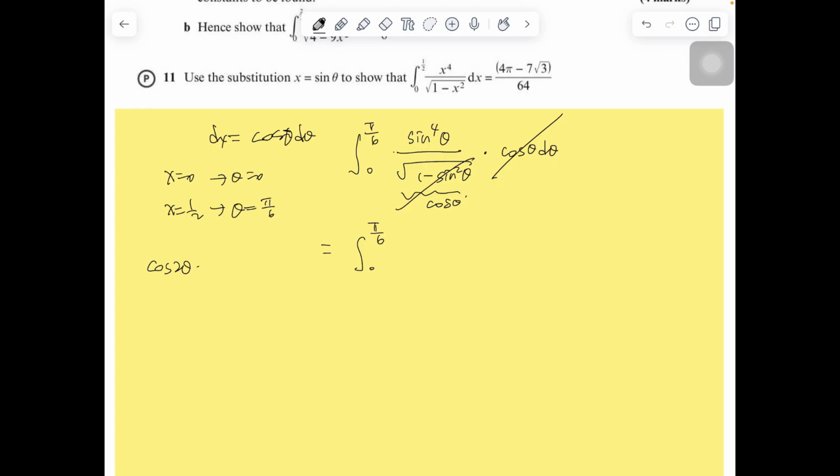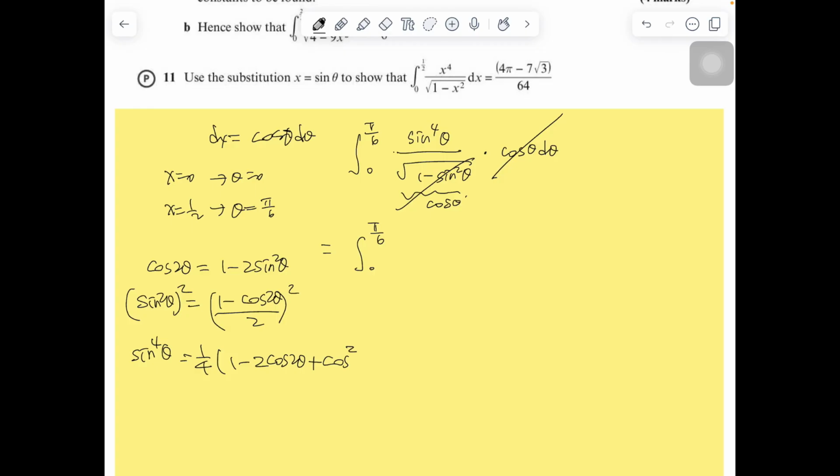Cos 2 theta is 1 minus 2 sine squared of theta. So sine squared of theta is 1 minus cos 2 theta over 2, squared. Means sine to the power of 4 theta is 1 over 4 times 1 minus 2 cos 2 theta plus cos squared of 2 theta.